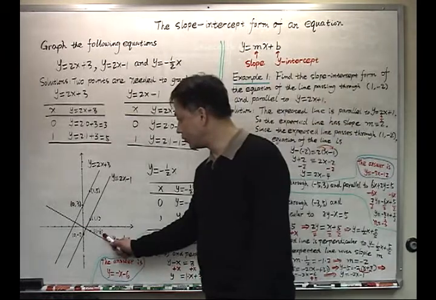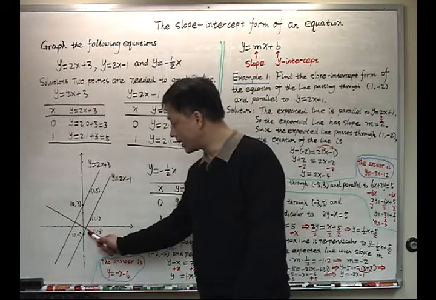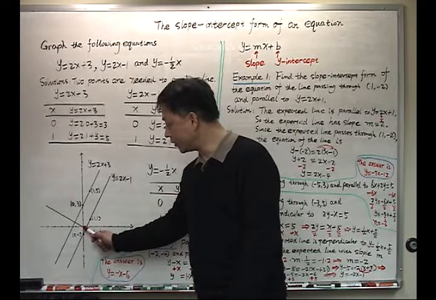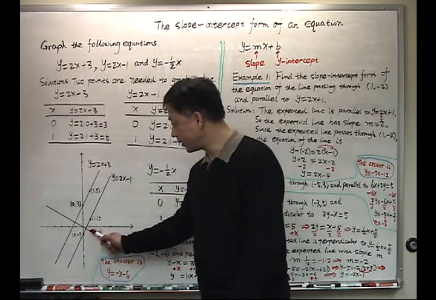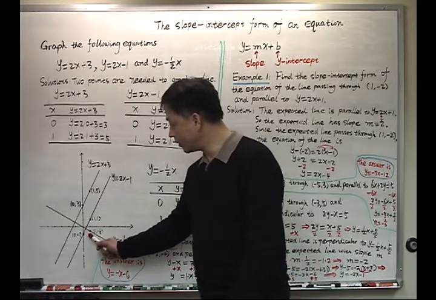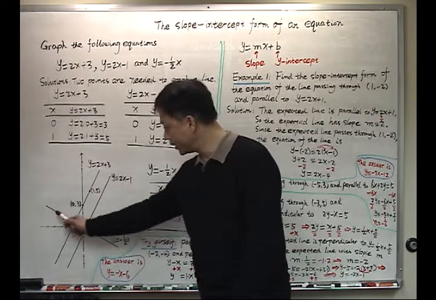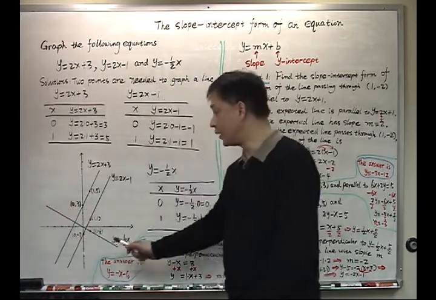So (1, -1/2) is right here. X is 1, y is halfway between 0 and -1. So -1/2 is this place. Connect (0, 0) and (1, -1/2). This is the line.